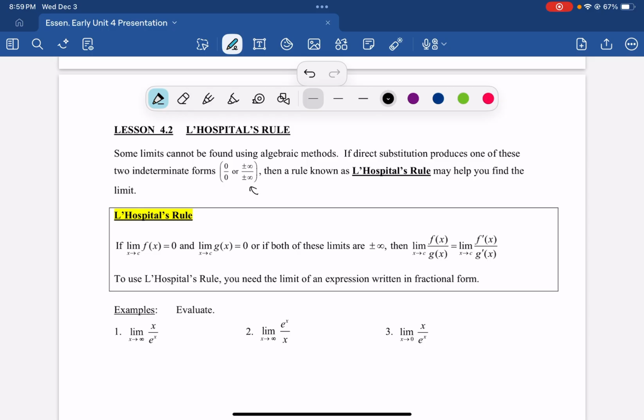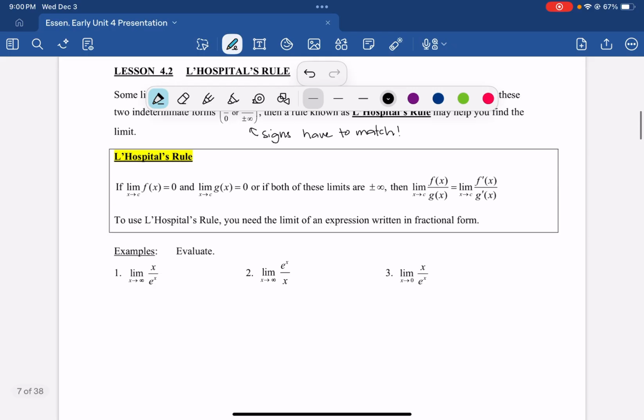Okay, let's make a little note there. So if we plug those values into our limit and get 0 over 0 or infinity over infinity, then we can use L'Hopital's rule to help us find that limit.